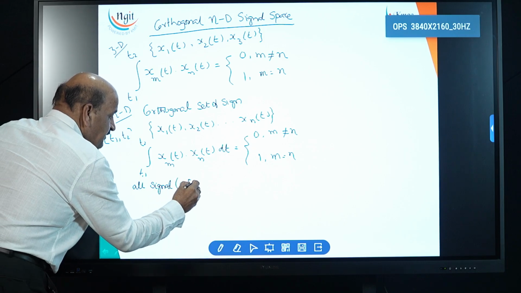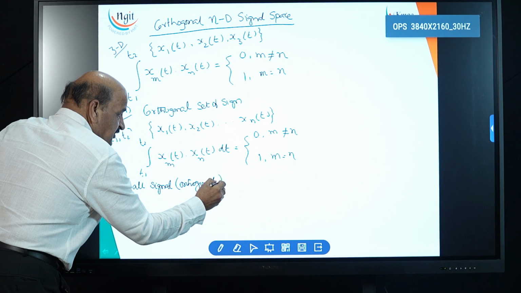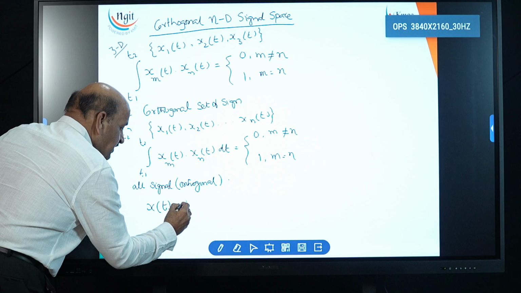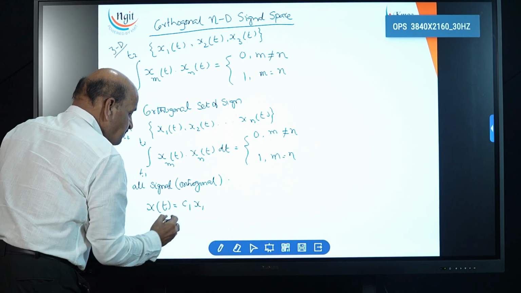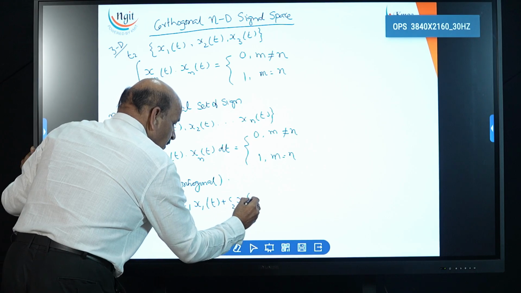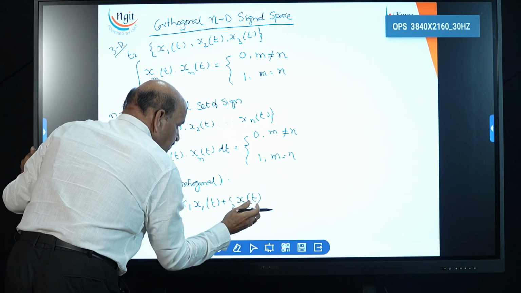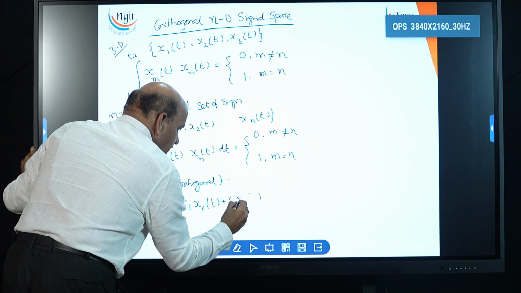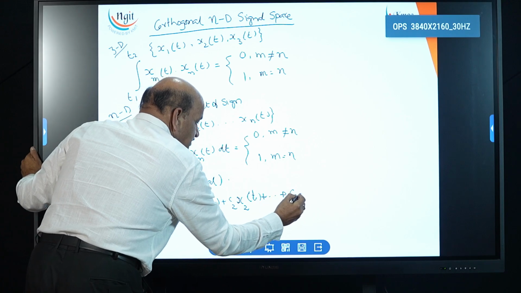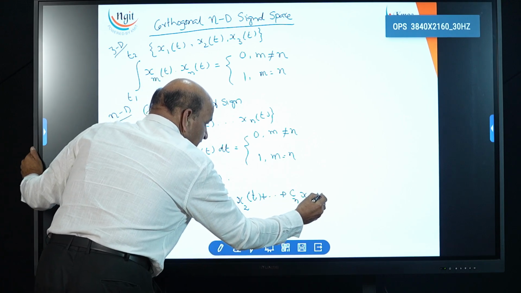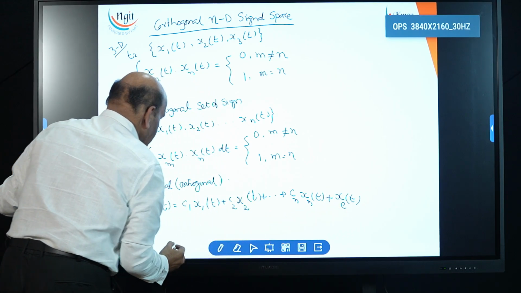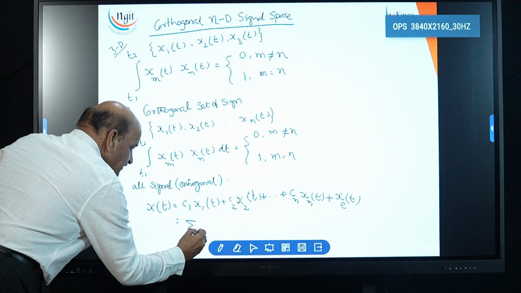can be expressed as, for example, x of t. x of t is some constant into x1 of t, some constant into x2 of t, etc., some constant into xn of t, plus some error signal of t. Now just look, all can be written as a summation.